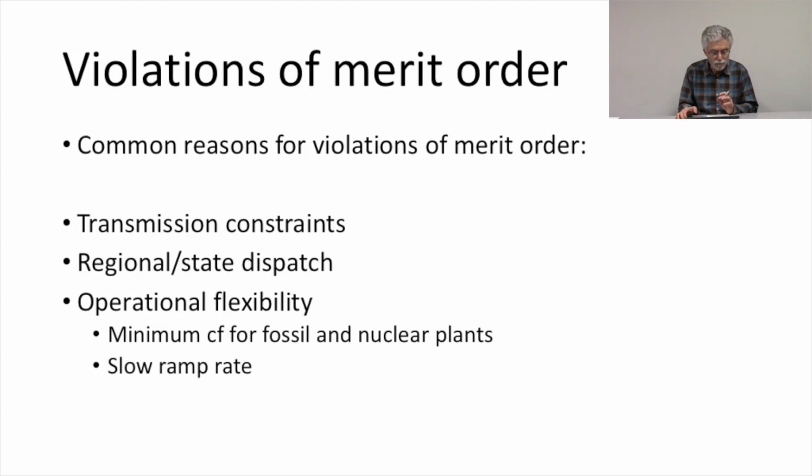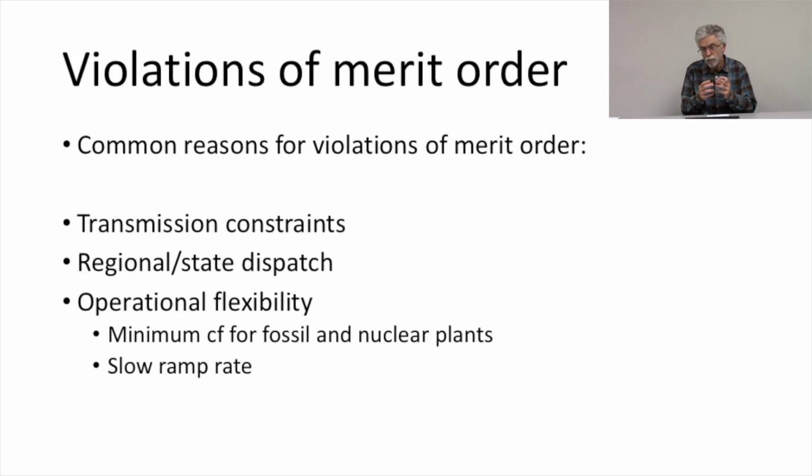What's another factor that might cause us to allocate plants against merit order? Suppose that some of our plants were under long-term take-or-pay contracts. A long-term contract price is determined by the long-term levelized cost of energy from a plant rather than its marginal cost.